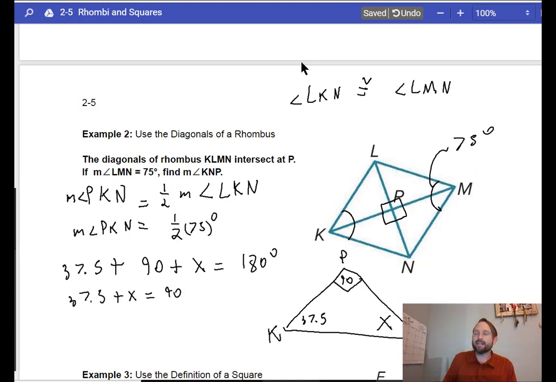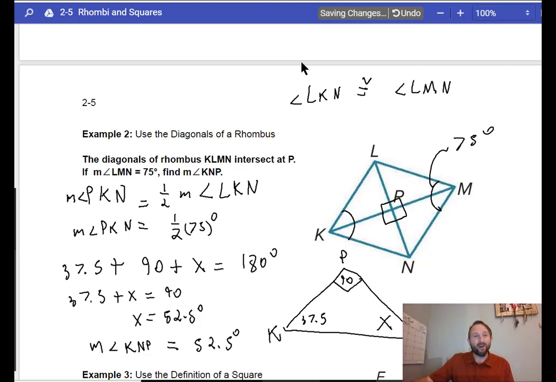Subtract again, using the subtraction property of equality, and I get 52.5 degrees is equal to x. So the measure of angle KNP is equal to 52.5 degrees. Let's go on.